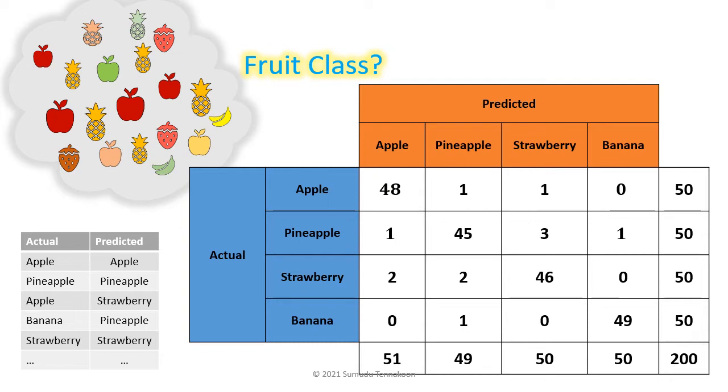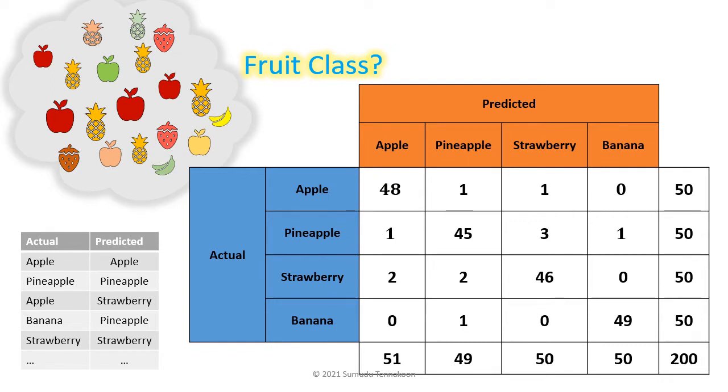Apple predicted as strawberry: the true value is apple, so we provided apples and it predicted strawberry. And then banana predicted as pineapple. Banana is the actual value, and it was predicted as pineapple. Like that, all the off diagonal values in this confusion matrix will be wrong predictions. All values in the diagonal are correct predictions. Okay, so this is what you need to understand.